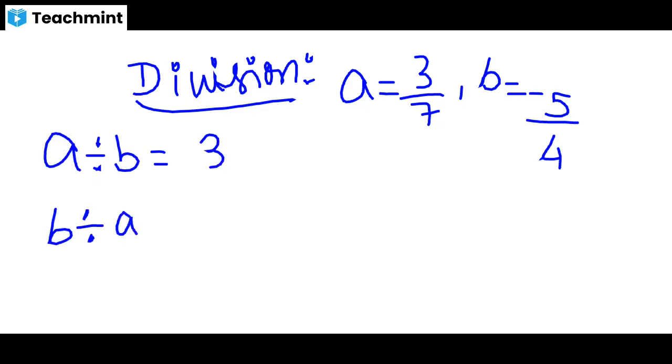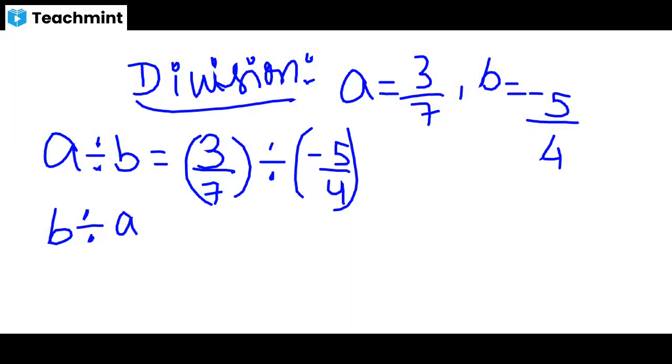A divided by B means 3 by 7 divided by minus 5 by 4. And when you are removing that division symbol, what you should do? Put multiplication symbol, and 5 by 4 you should write the reciprocal. So what you get? 3 by 7 into minus 4 by 5.